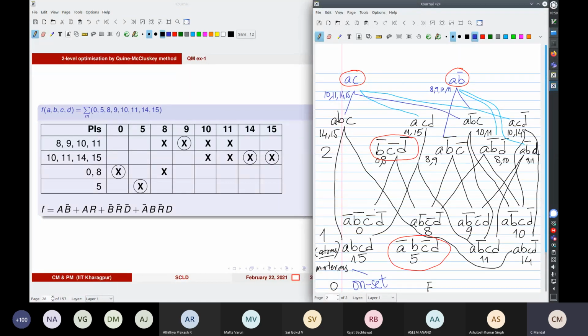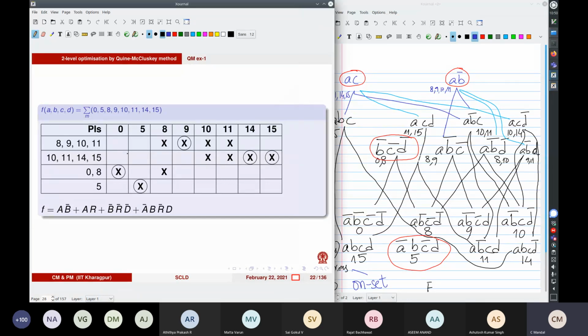So 0, 8 is covering this one and this one. All of these, this is your onset, okay? So all of these need to be covered.